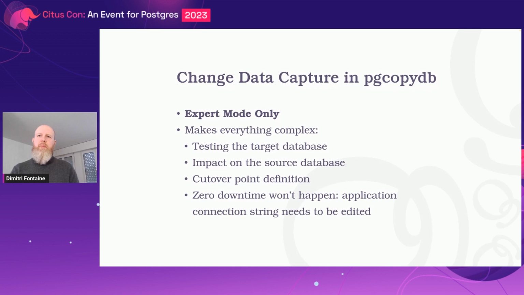Because change data capture makes everything more complex. It's impossible to test the target database, or at least it's limited to read-only. There is a non-trivial impact on the source database because of WAL retainment on the PostgreSQL source side. And then you need to synchronize the cutover point for the application, and also when you stop to apply the change data capture.